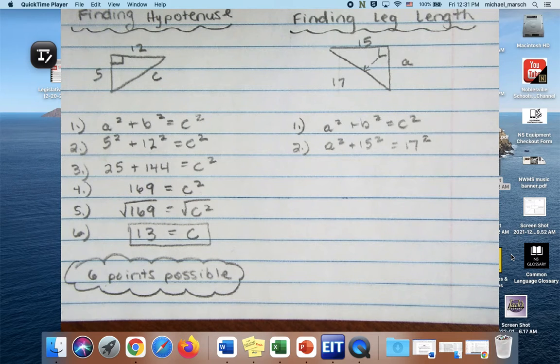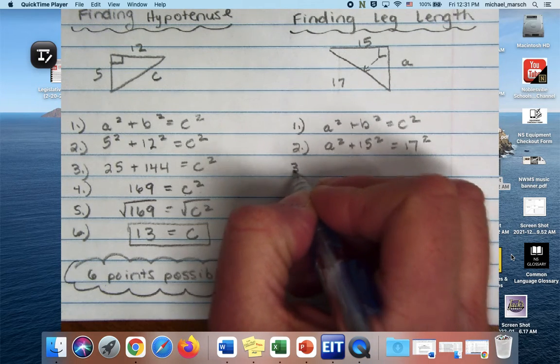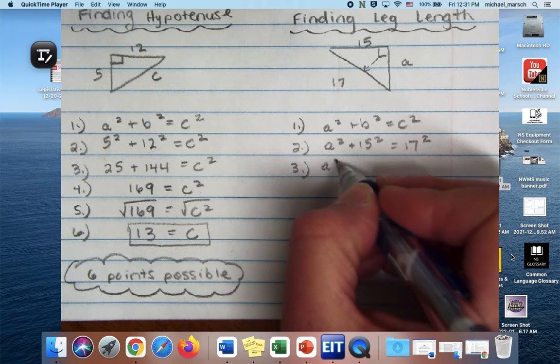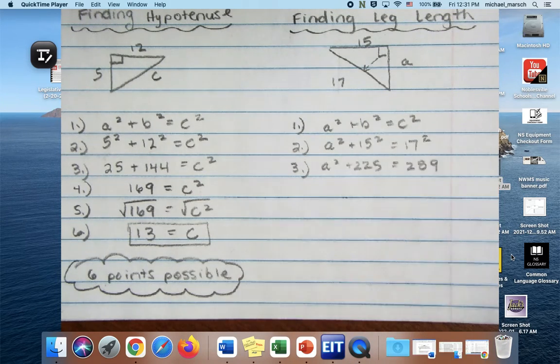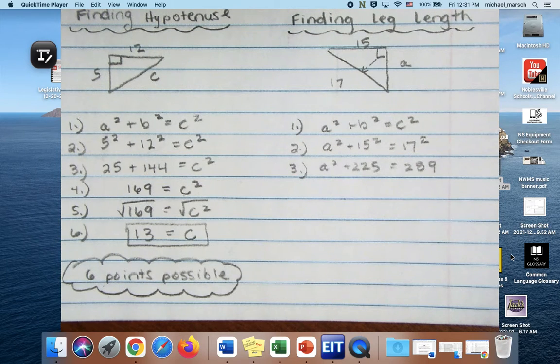Okay. Making sure. All right, number 3 step, I'm going to have A squared plus 225 equals 289. Where did I get 225 from? 15 times 15.